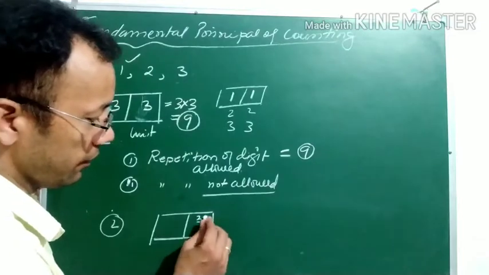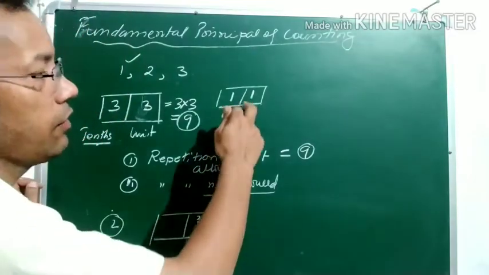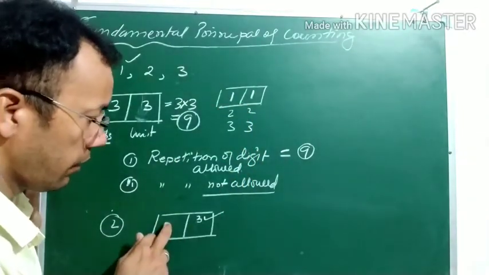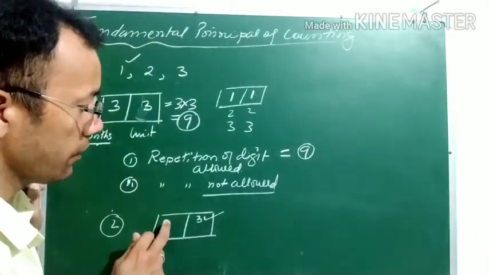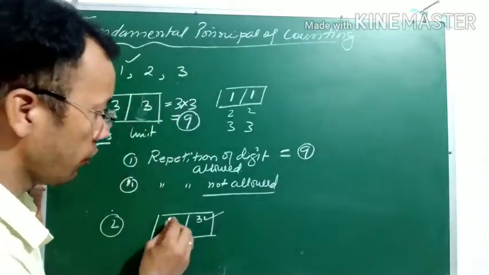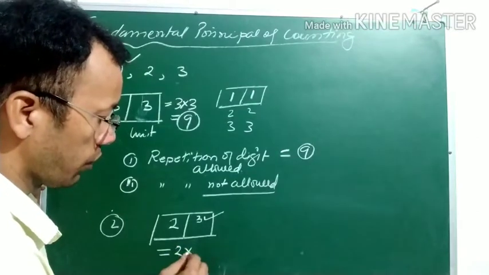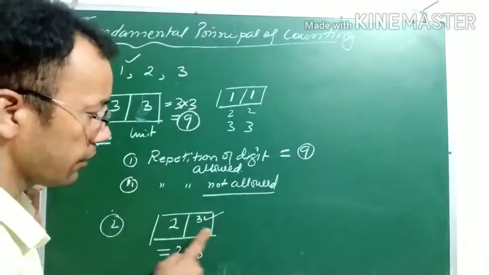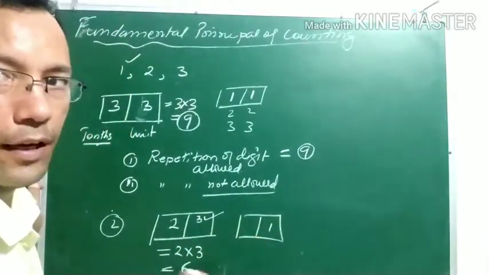But if I write 3 here, and repetition, meaning 11, 22 and 33, is not included, then I cannot write 3 again. So how many digits do I have now? Only 1 and 2, so 2 digits. How many numbers can be formed? 3 and 2, that is 3 into 2, which is 6. For example, if I write 1 here, I cannot write 1 again.